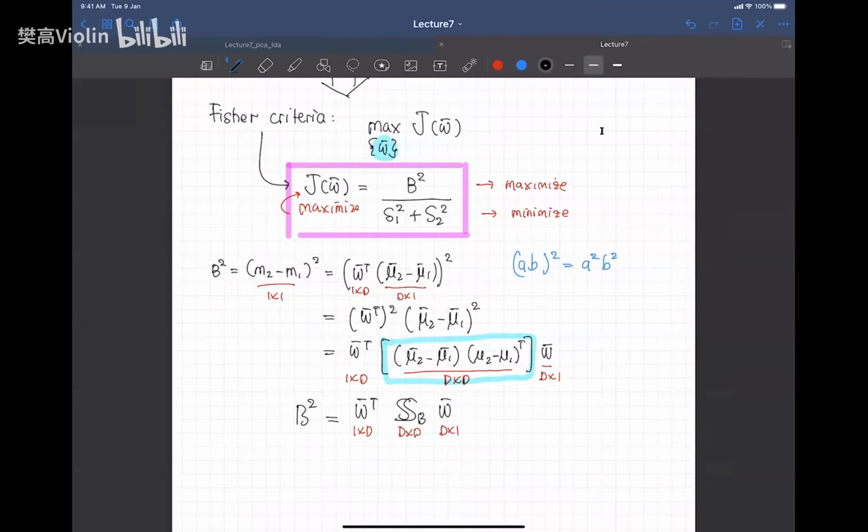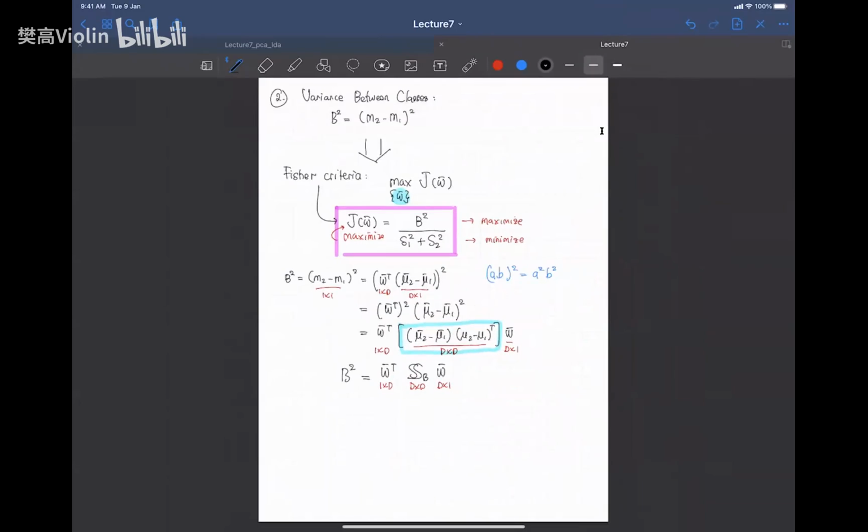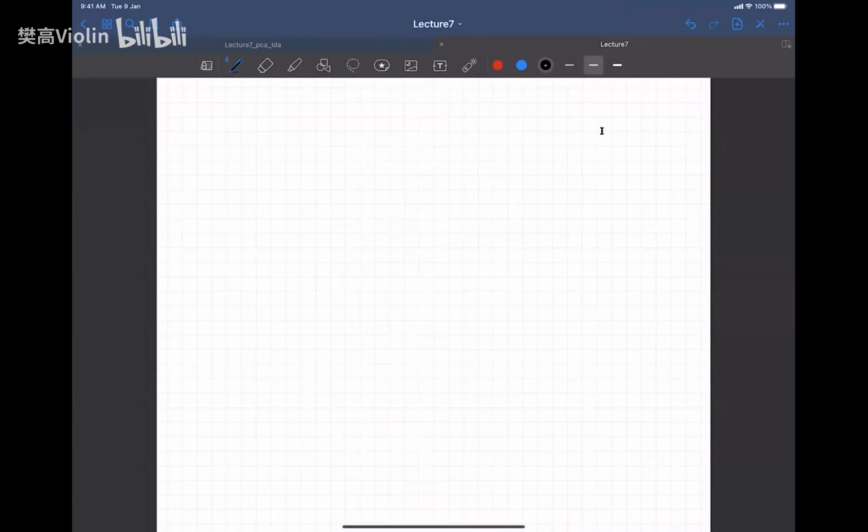Okay, so if there are no questions, let's continue our derivation here. Let's look at S1 square plus S2 square. If you have a number of points in class 1, then for the whole points in class 1, you have yn minus m1 square.